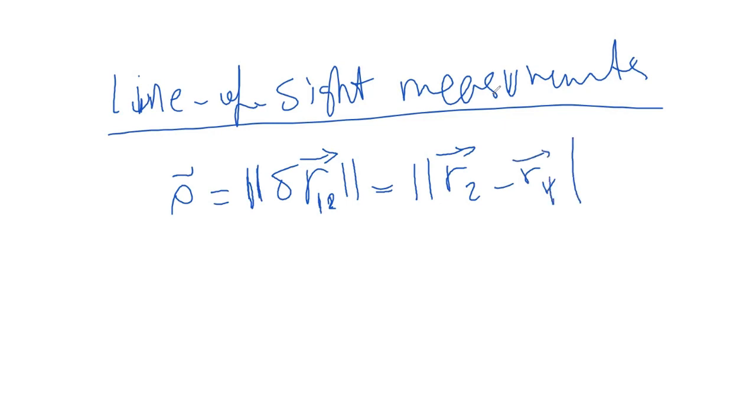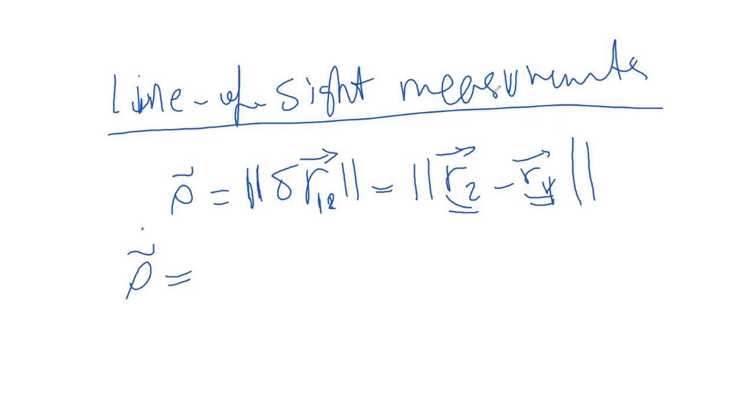R1 is the position vector of satellite 1, R2 is the position vector of satellite 2. So the norm of this difference between the position vectors gives you the distance between satellites. That's pretty clear. But what we need actually is the speed of the change, or range rate.